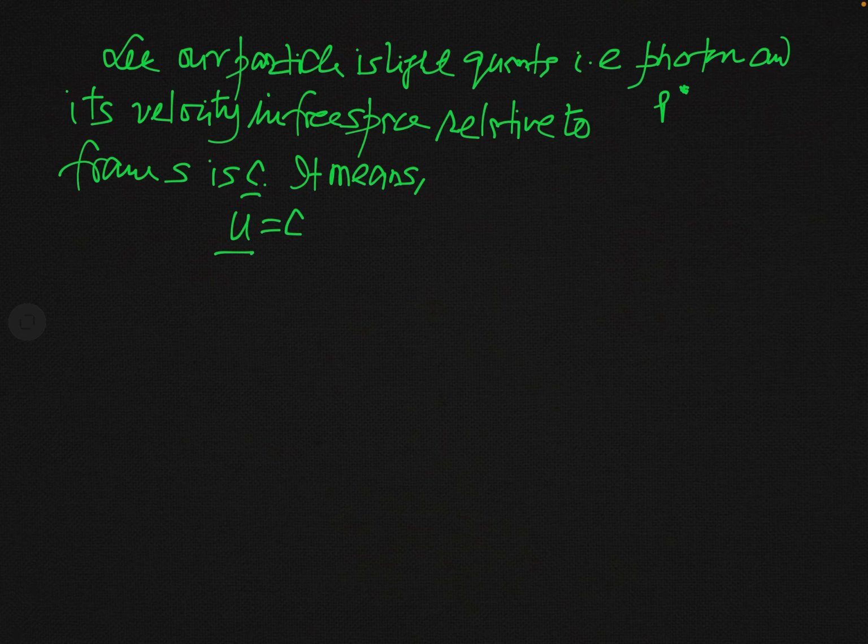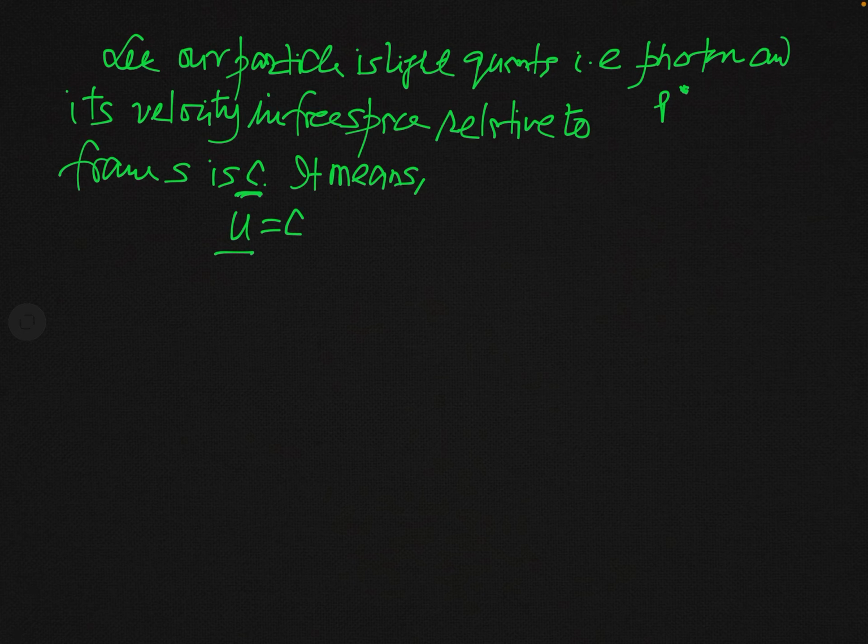And as I have told you, it is possible for photon that it may move with a velocity c because its rest mass is 0. Because special relativity actually says that a particle having 0 rest mass can move with a velocity of c. No massive particle can ever attain a velocity c, but a massless particle may have a velocity equal to c.